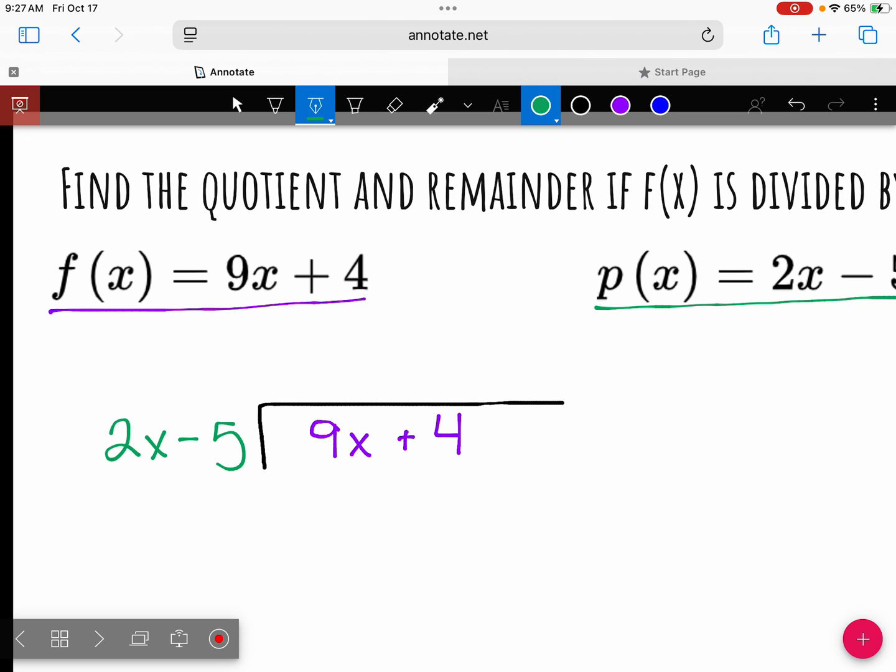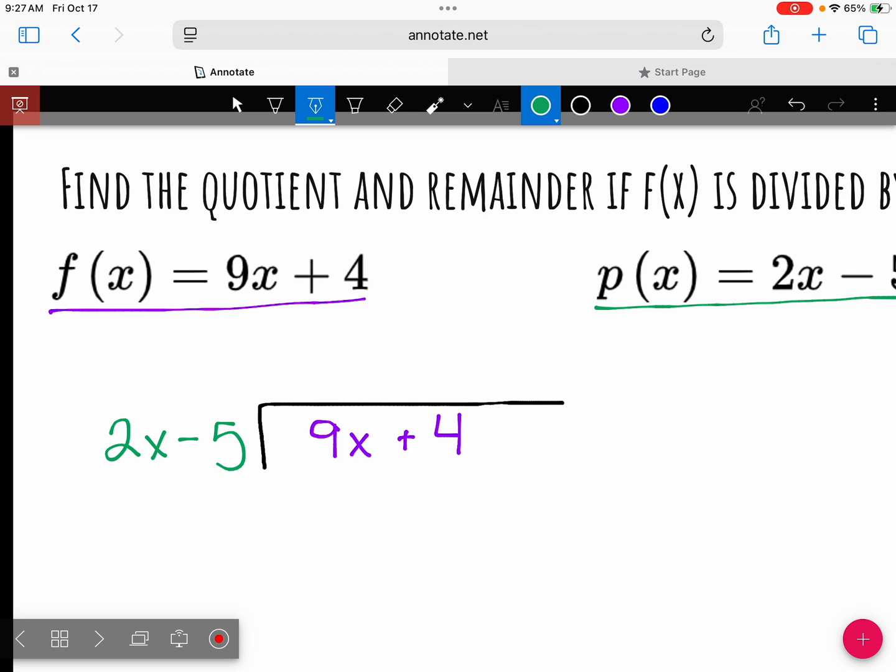So when we're thinking about what's going to be on top, what we get as the result of our division, our quotient here, we think about our first two terms and what those two pieces would need to be in order to be divided.